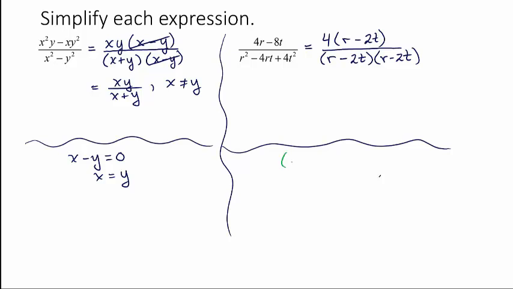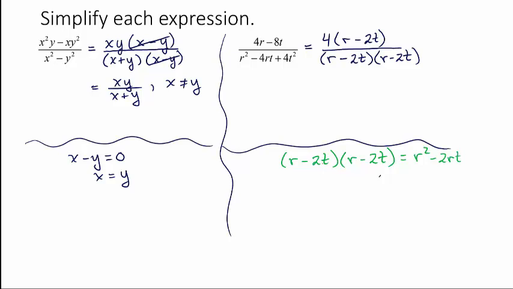Let me look at that for a minute down here. With the different variables, sometimes it's helpful to take a piece of scratch paper to it. If we've got r times r, I'm just FOILing this out, that's r squared. The outer term is r times negative 2t, which is negative 2rt.